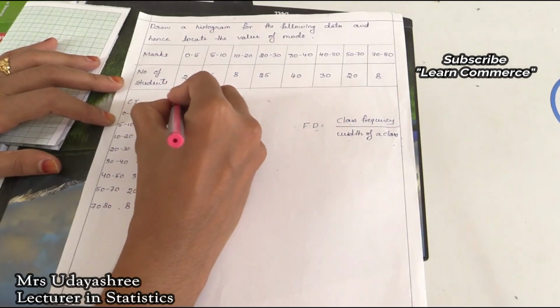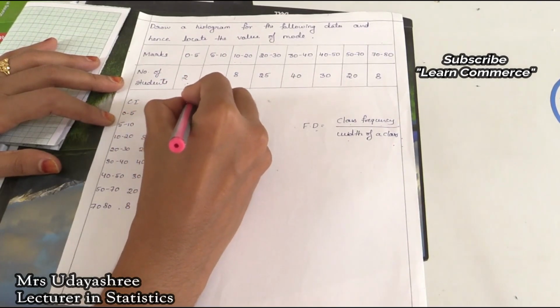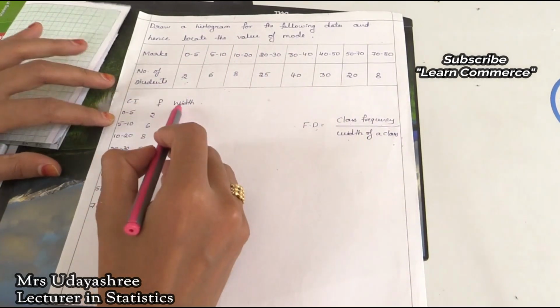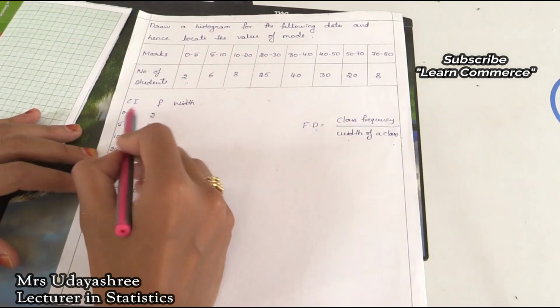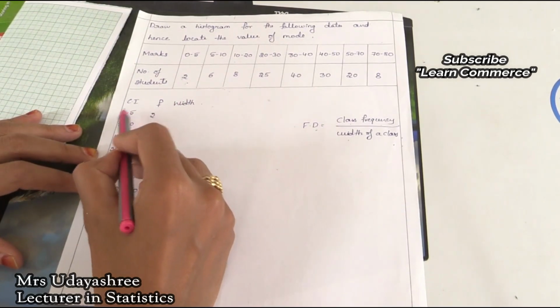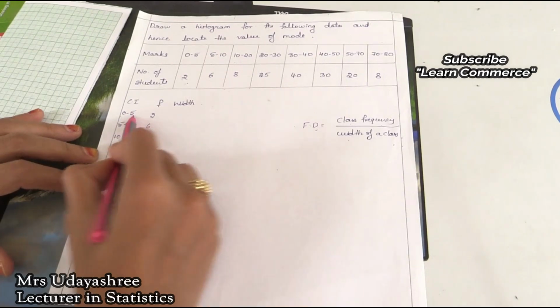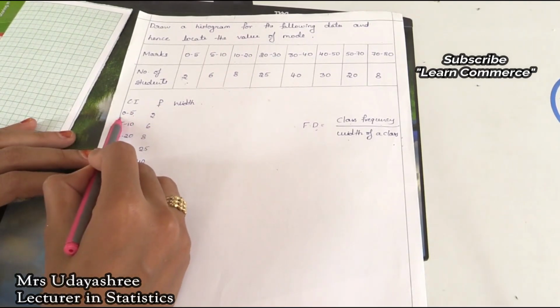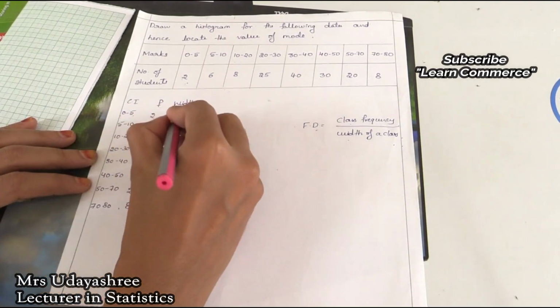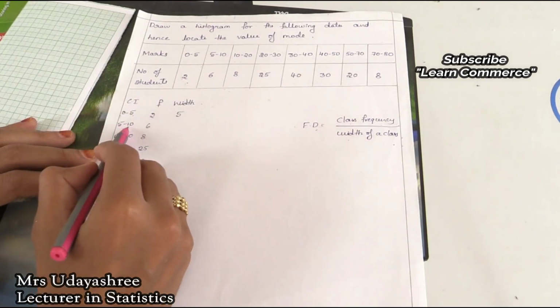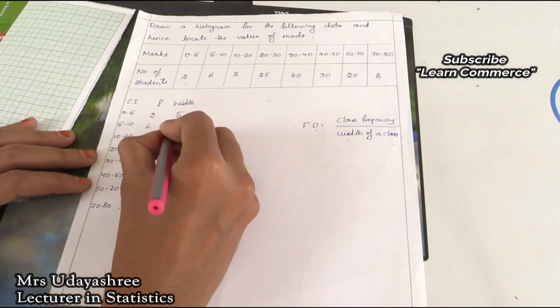The next column is width. How do we find the width? Using the formula, upper class limit minus lower class limit. Here the upper class limit is 5 and the lower class limit is 0, so 5 minus 0 is 5. Next, 10 minus 5 is 5.